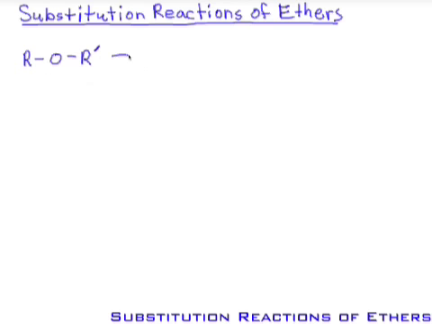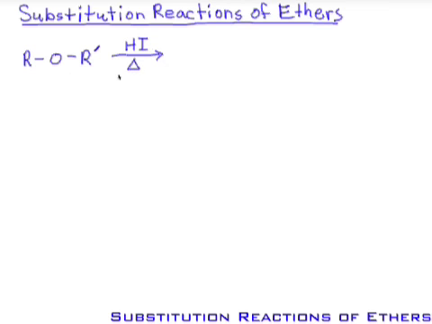If you hit this with hydroiodic acid, and sometimes you'll see the word excess written here, or EX in front of HI. You might see a little EX in brackets, like this, which might mean excess, okay? HI and heat.